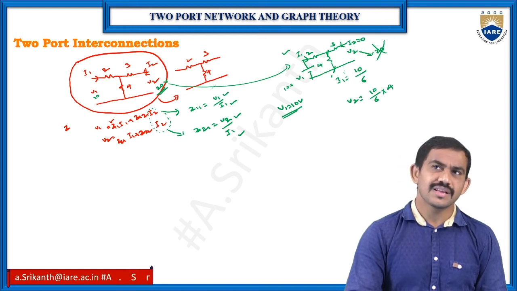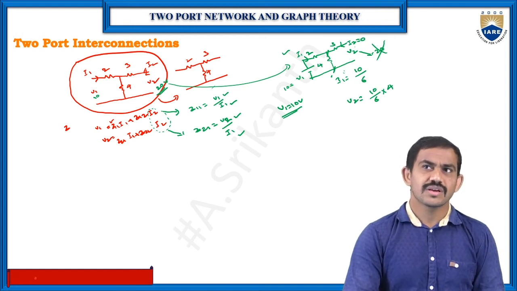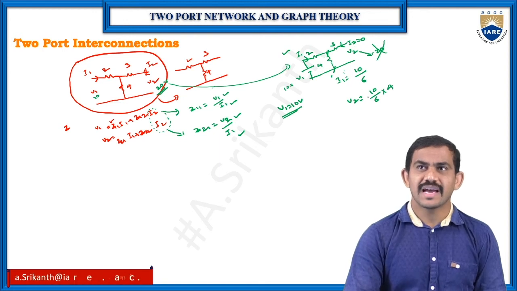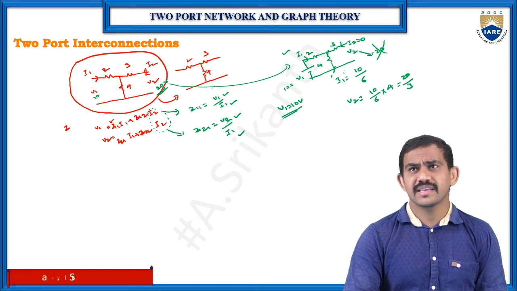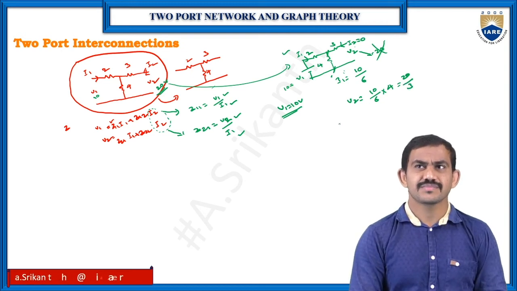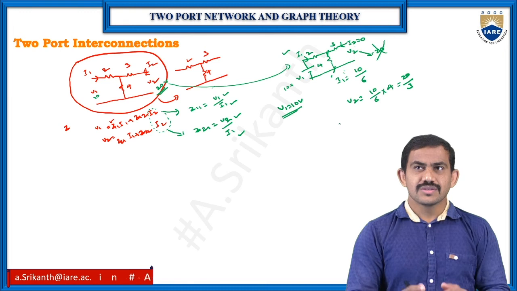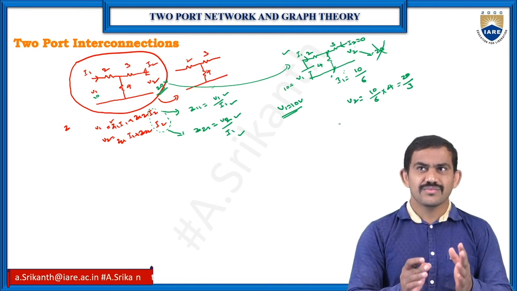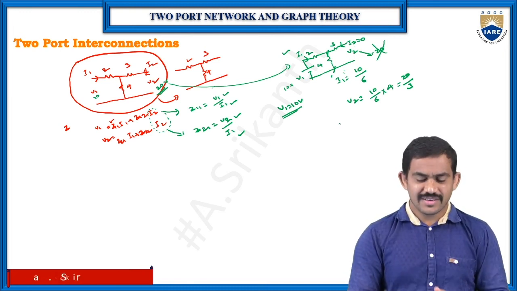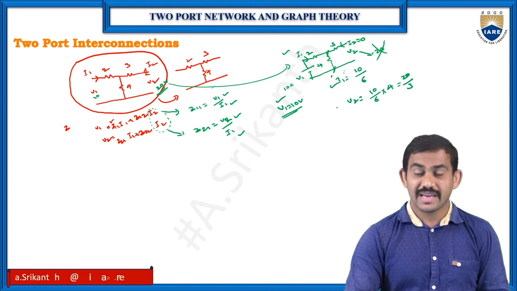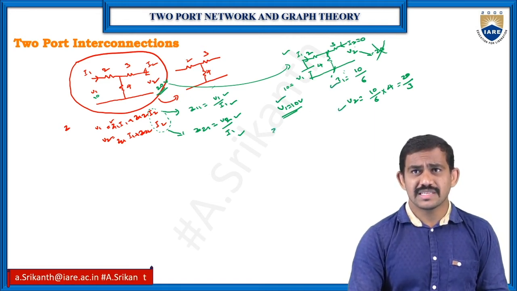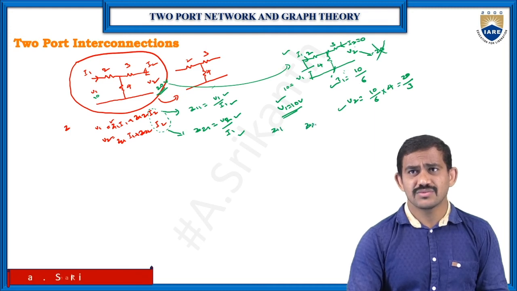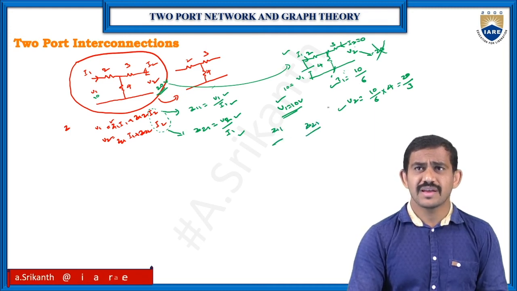The current I is the same through the 2 ohms and 4 ohms, so it is I into R. So we have 20 by 3 as your V2 value. Okay, so this is about V1, I1 and V2 values. Now you can find the Z11 value and Z21 value using these values.